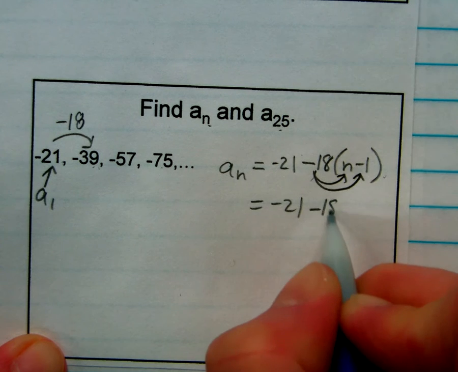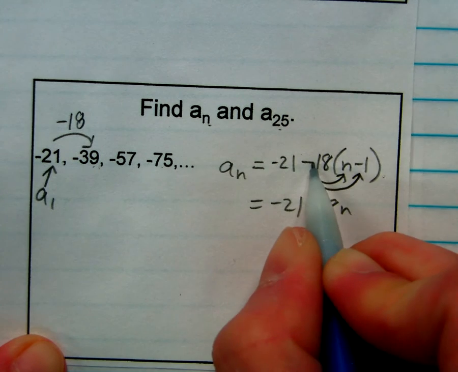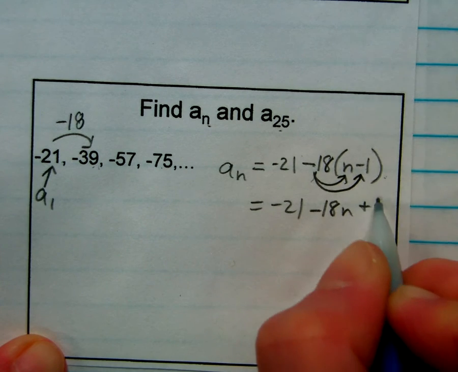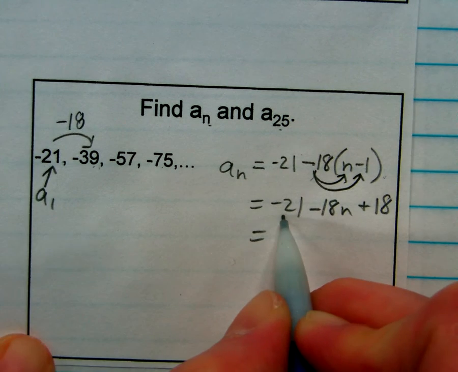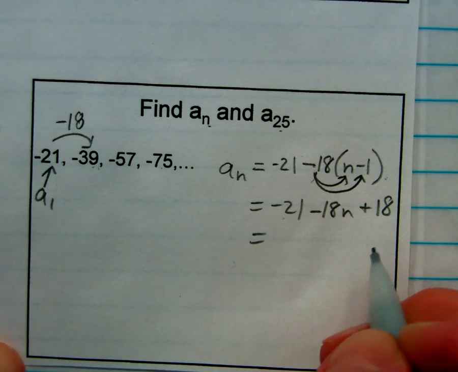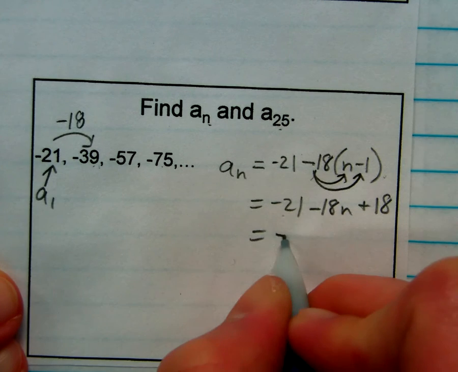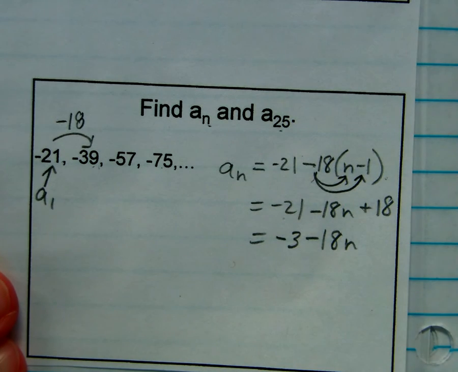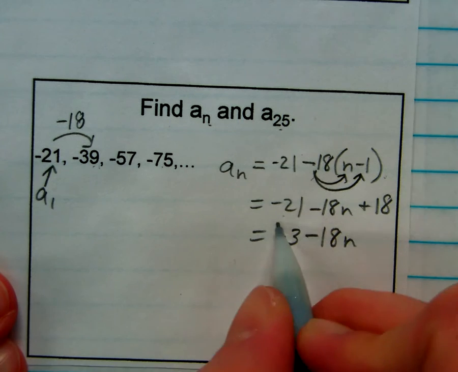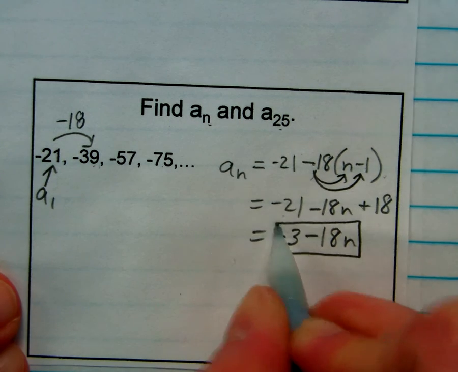So I'll have negative 18n, and negative 18 times negative 1 makes plus 18. And then I can combine the negative 21 and the positive 18 together to get negative 3. So negative 3 minus 18n. Or if you like having the n first, you can totally switch that around and do negative 18n minus 3.